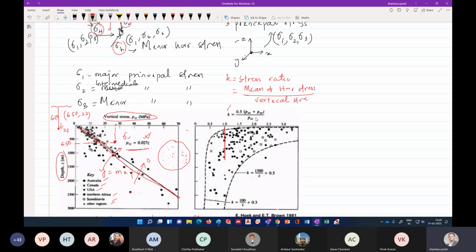So sigma xx, maybe this is your sigma capital H, this is sigma small h. So sigma small h plus sigma capital H, divided by 2, divided by sigma vertical. Okay, so this is what is done.